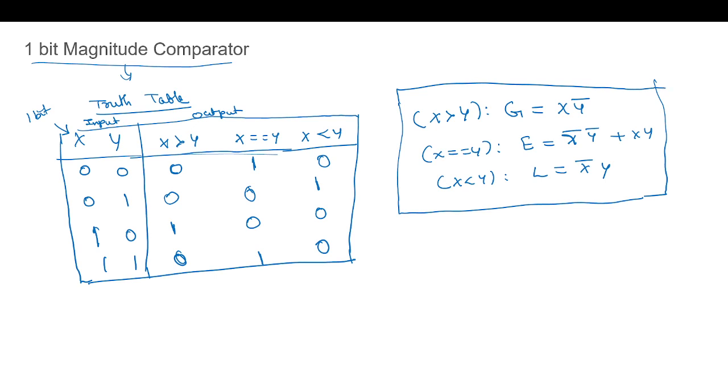Now let's try the 2-bit comparator. Before that, let's implement this. x bar y bar plus xy is the XNOR operation.